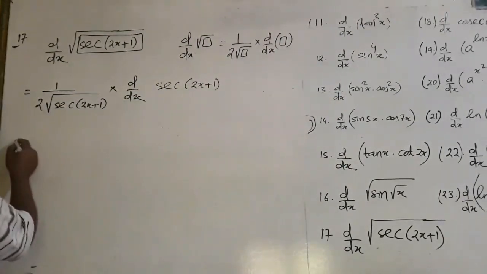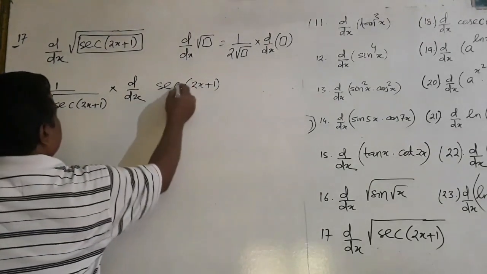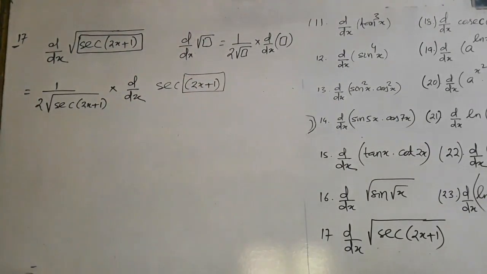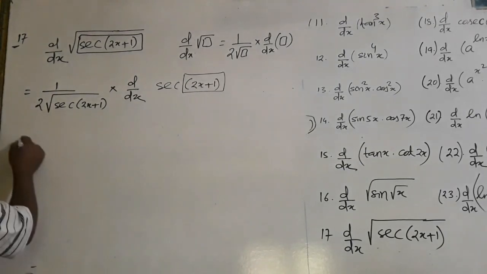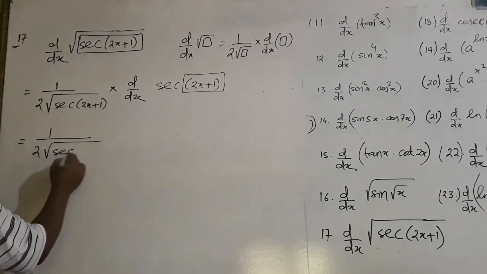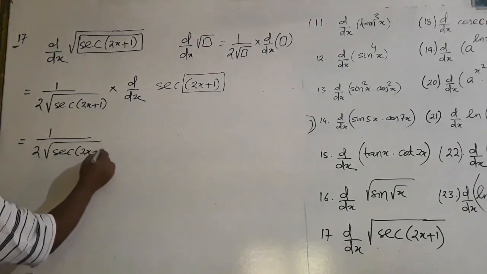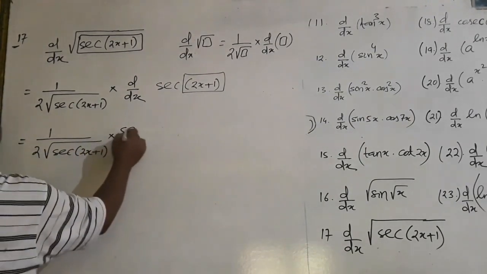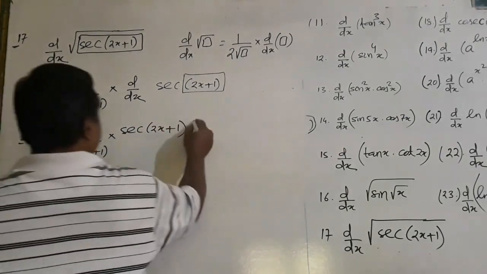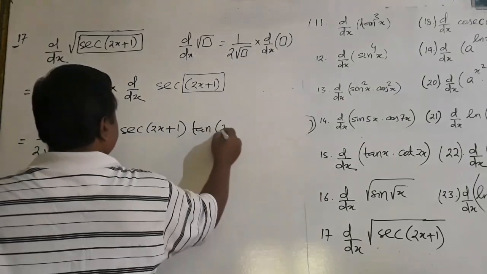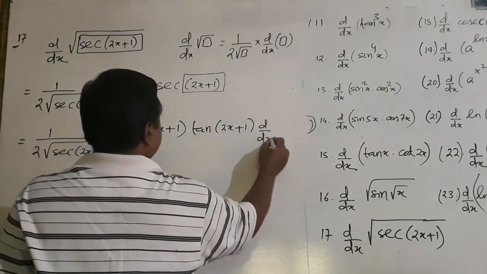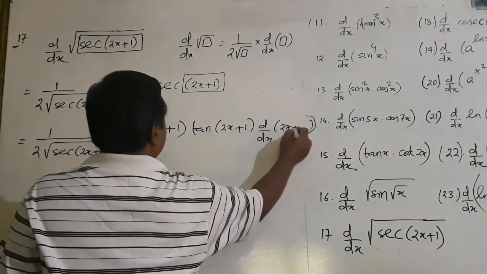And you know the formula of sec box. What is the formula of sec box? Sec x formula, sec x into tan x, sec box. 1 by 2 root over sec 2x plus 1 into sec 2x plus 1 into tan 2x plus 1 into d by dx of what? 2x plus 1.